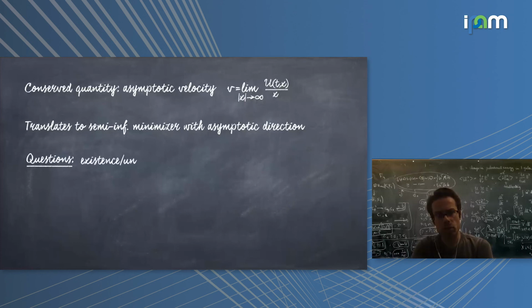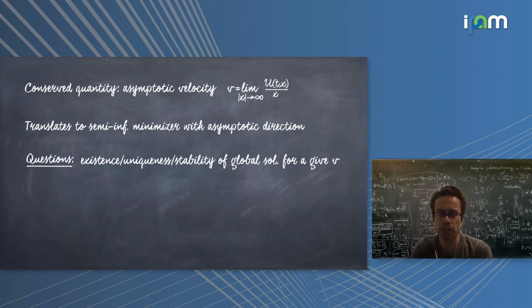The natural question is whether such bi-infinite in time solutions exist: existence, uniqueness, and stability. Basically, if you put two different initial conditions at time t naught that correspond to the same conserved quantity v, and push t naught to minus infinity, will you get a unique limit, or more than one limit?